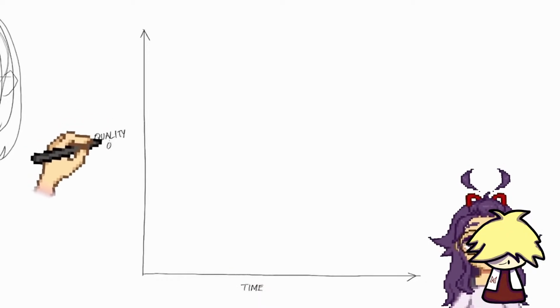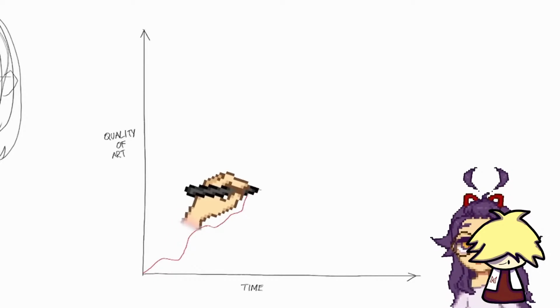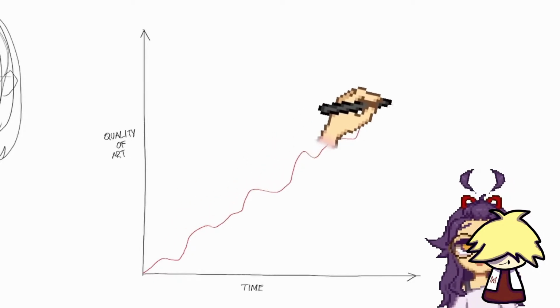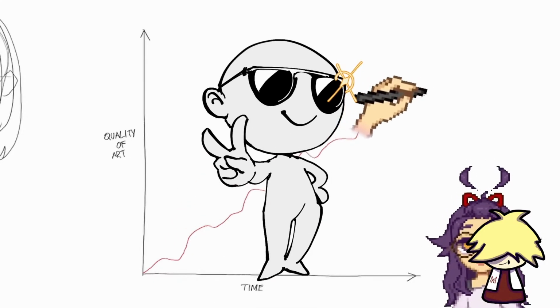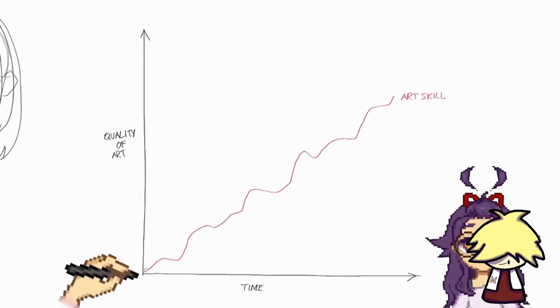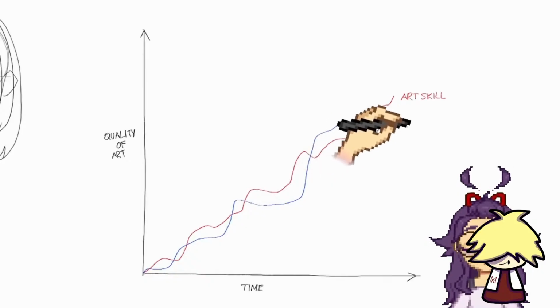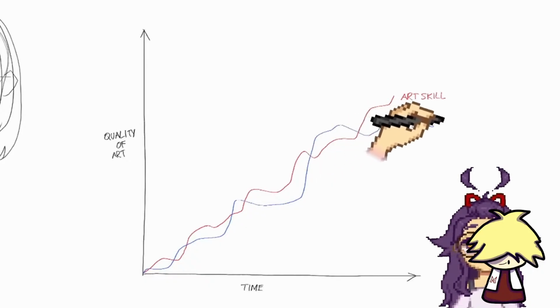Here's a graph to demonstrate what I mean. Assuming you're a learning artist, as time goes on, you get better at art. Your skill increases. That makes sense. But it's not the only important thing here. You also have to consider your taste or ability to judge good art. It also improves as you draw. But that's not the only thing that can improve your taste.